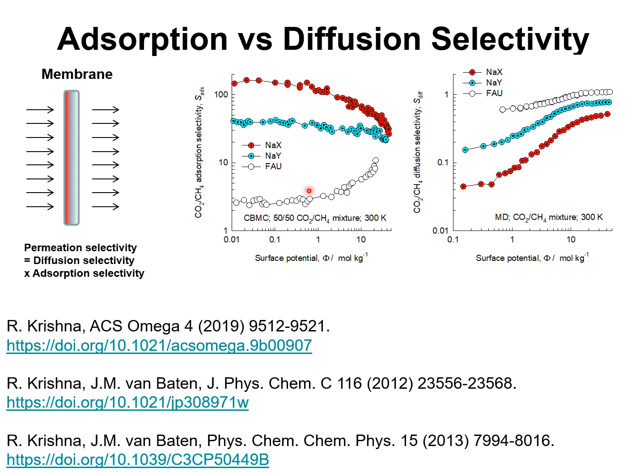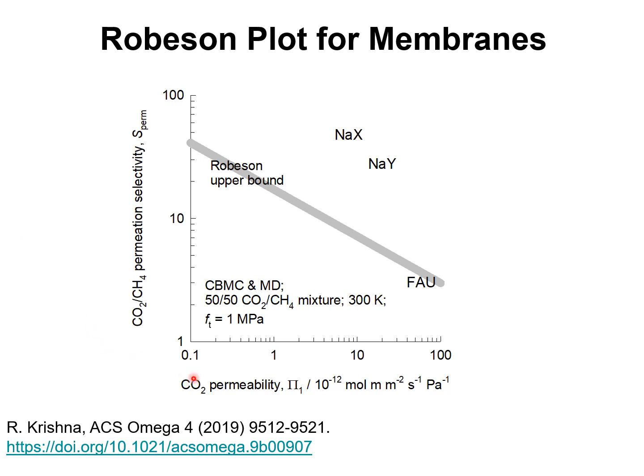Let us see how that plays out. Consider the permeation of 50-50 feed mixtures of CO2 and methane at a temperature of 300 degrees Kelvin and a total fugacity of 1 megapascals.